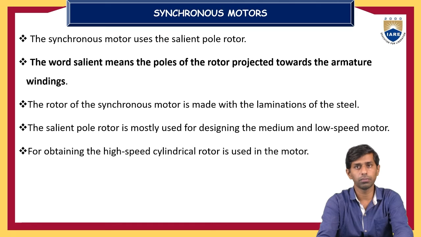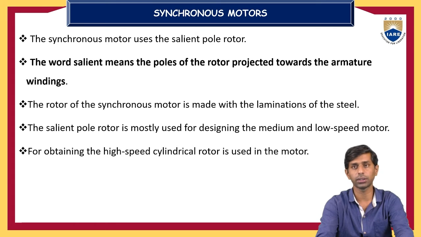We already know about salient pole structure rotors. In salient pole structure rotors, the number of poles is high compared to the non-salient pole or cylindrical type of rotor. If you require a high-speed synchronous motor, you go with a cylindrical rotor structure, where the number of poles is restricted to either 2 or 4.